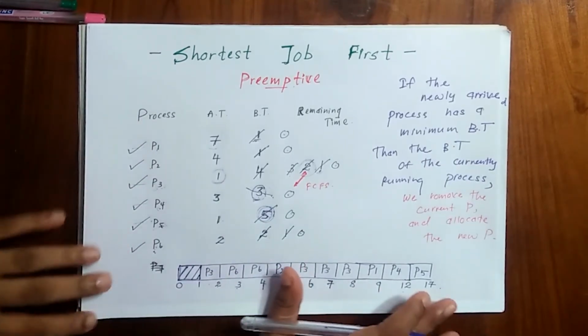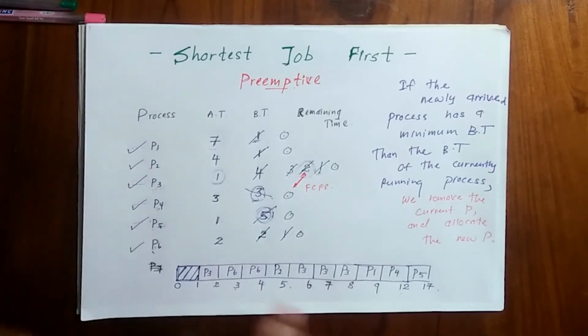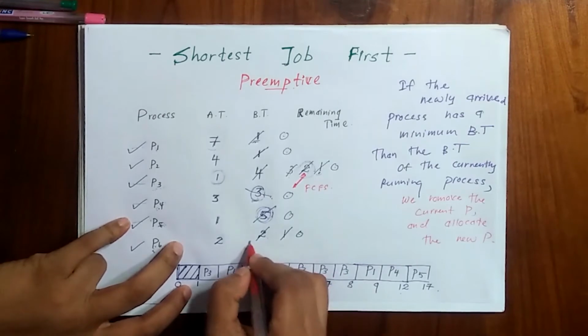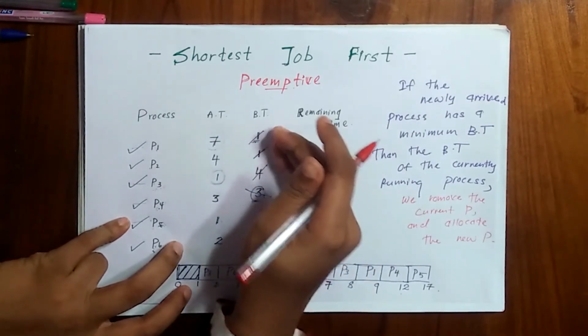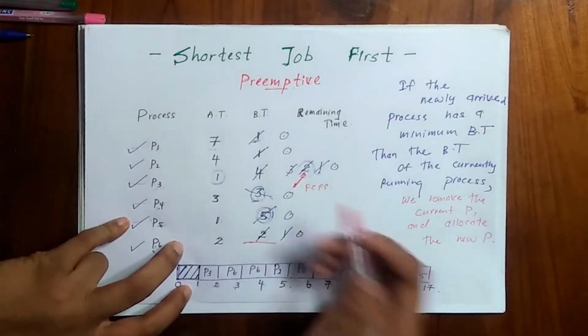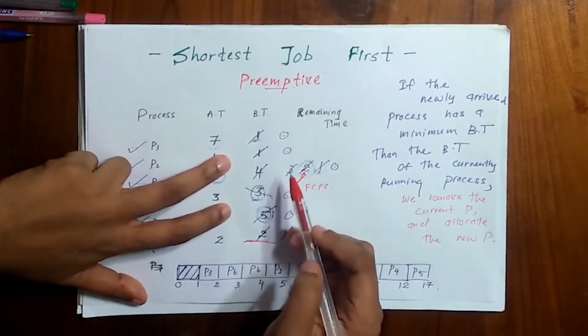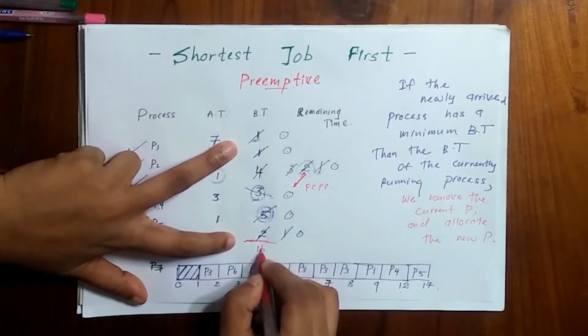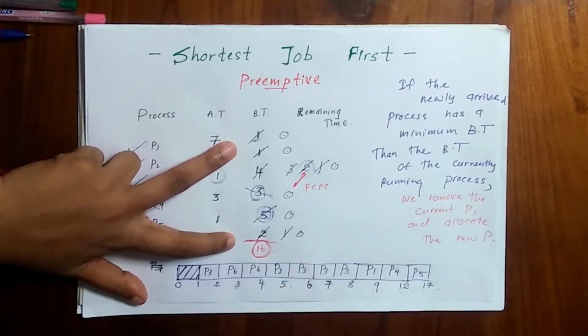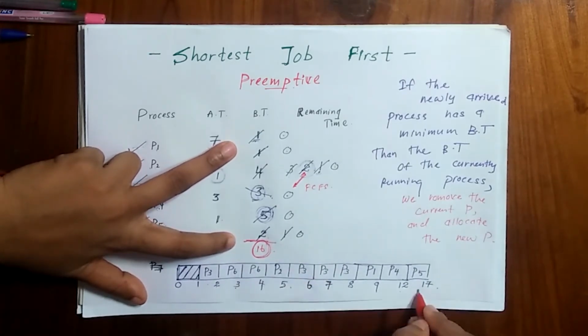Now let's check whether our Gantt chart is correct. Get the total of the original burst time, not the remaining, the original which was given in the question. So here it is 16 and here you can see it is 17.